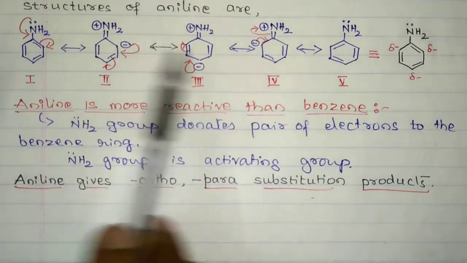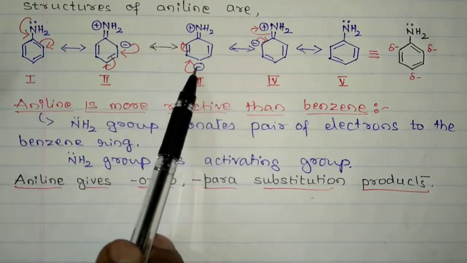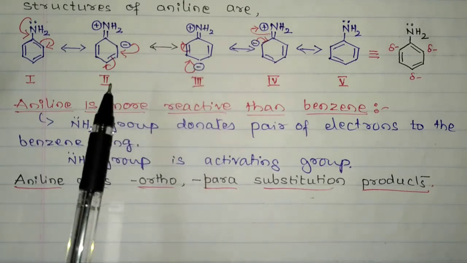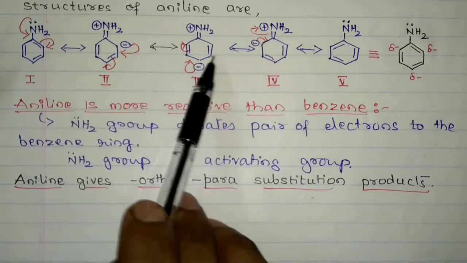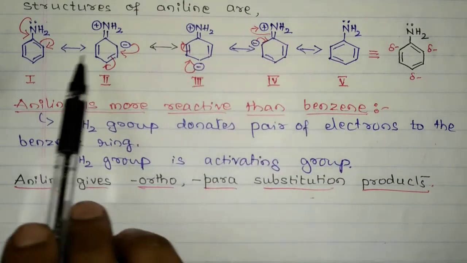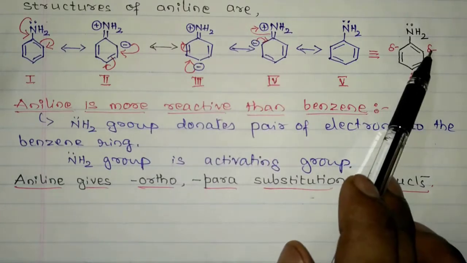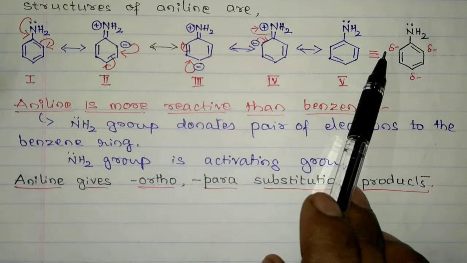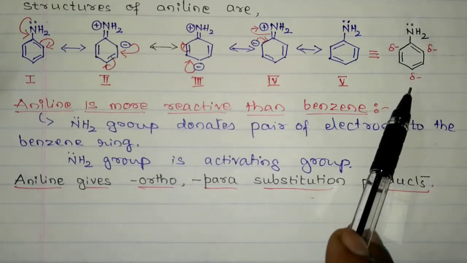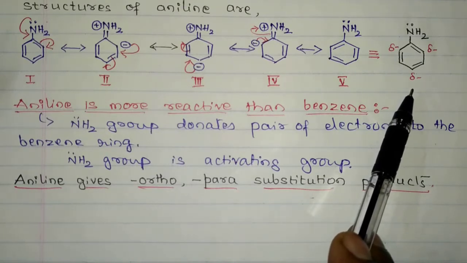Here also the ortho and para positions are rich in electrons, and it is not found at the meta positions in any of these structures. Hence, the electrophile prefers to attack the ortho and para positions.